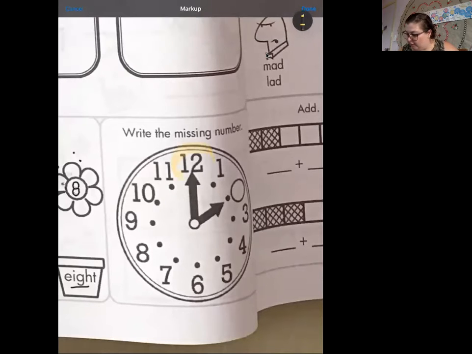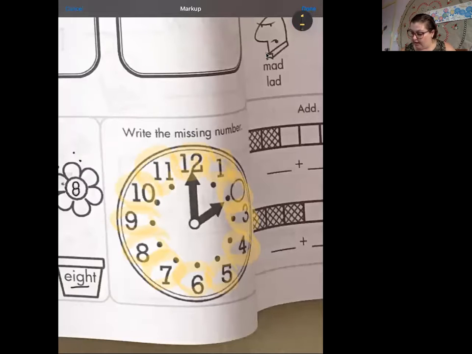There's a 12, there's a 1, there's nothing, there's a 2, 3, 4, 5, 6, 7, 8, 9, 10, 11, and 12. So on a clock, it only goes up from 1 through 12.